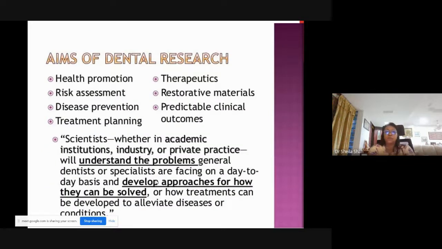Why do we do research in dentistry? Of course, for promotion of health, risk assessment, disease prevention, treatment, what are the best treatments, therapeutics, and then safe materials and predictable clinical outcomes.